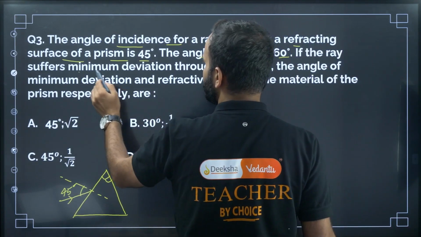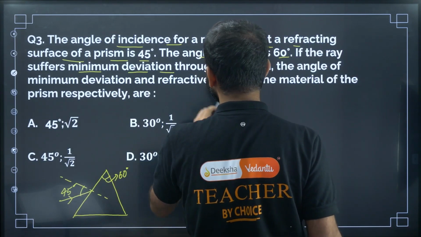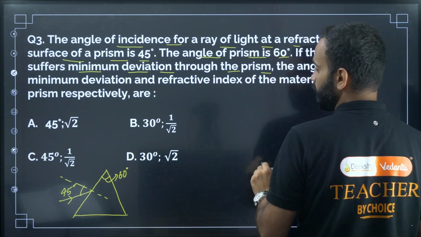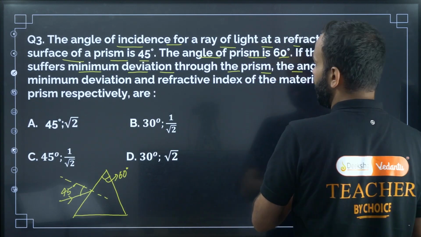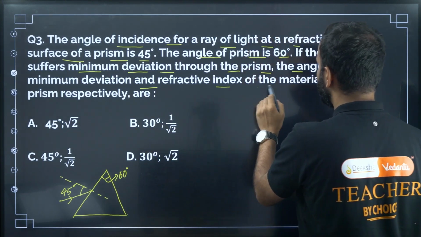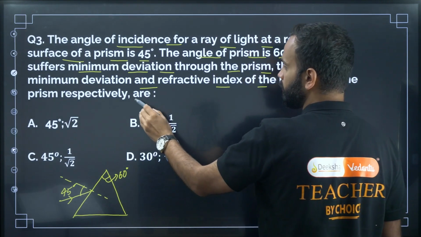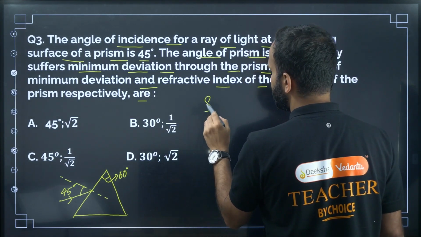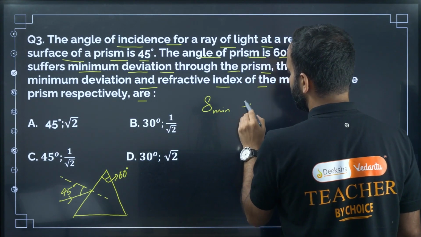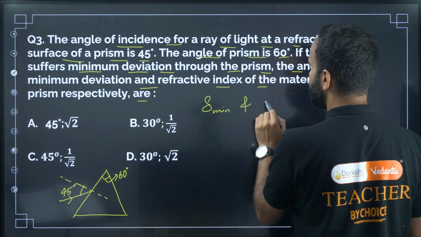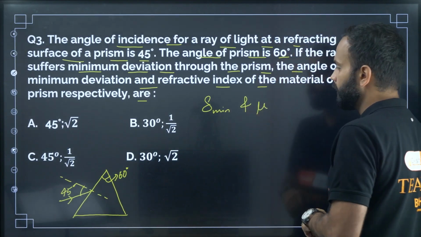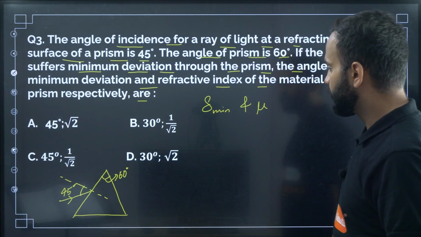If the ray suffers minimum deviation through the prism, the angle of minimum deviation and refractive index of the material of the prism respectively are. Here we need to find delta minimum and mu of the prism material.